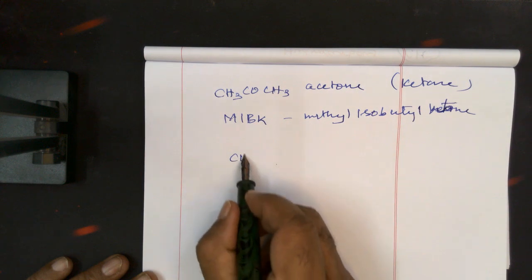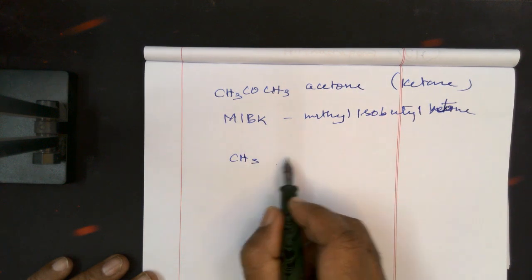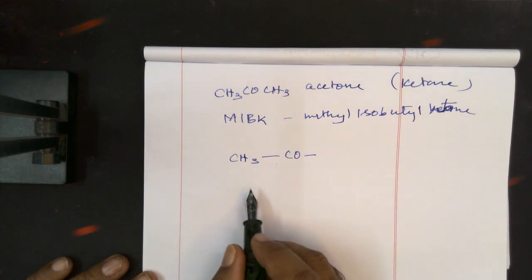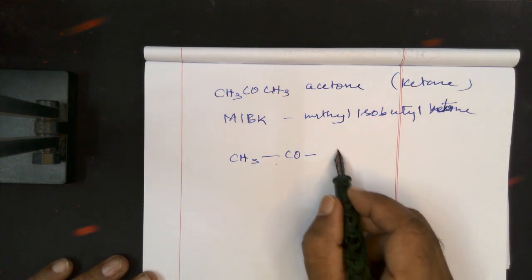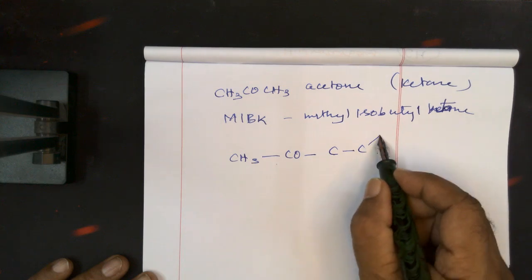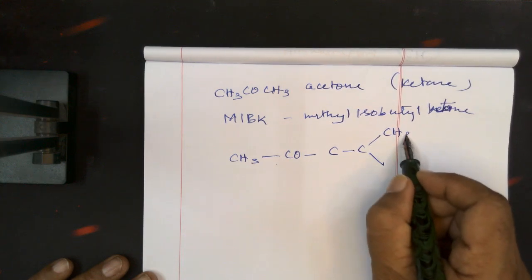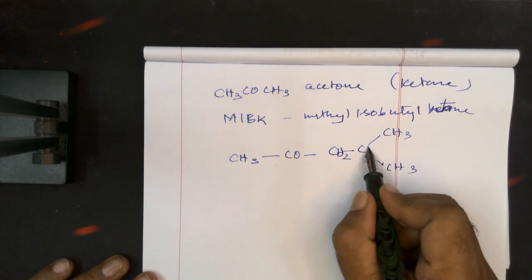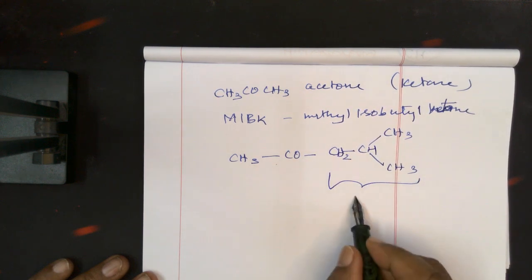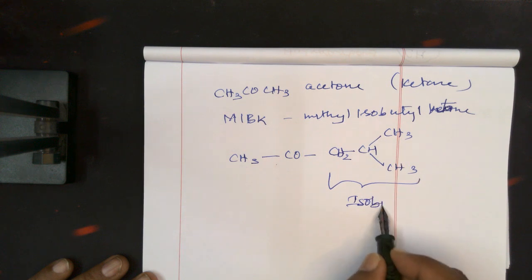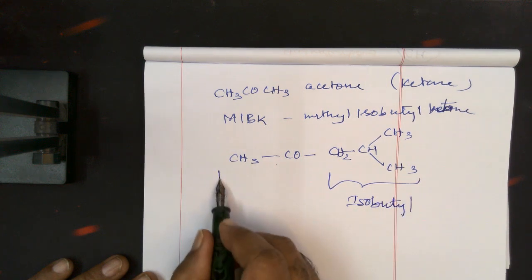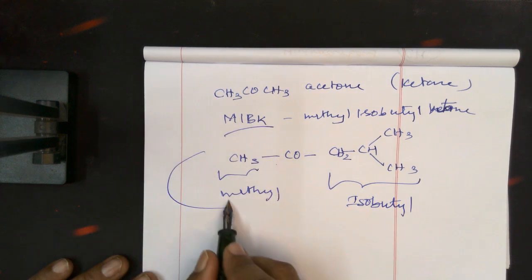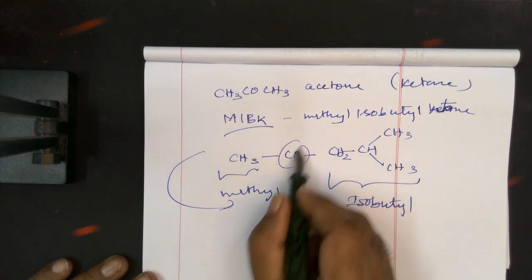Methyl means CH3. Then you have the CO group, and then isobutyl. Isobutyl means there will be 4 carbon atoms: CH3, CH3, CH2, CH. This is the isobutyl group. And this part is methyl. So it is called methyl isobutyl ketone. And this part is called ketone.